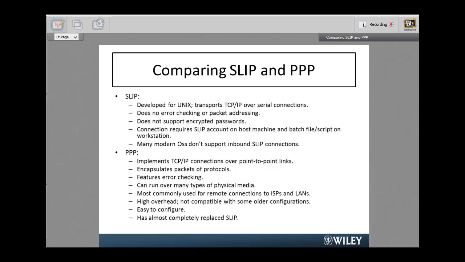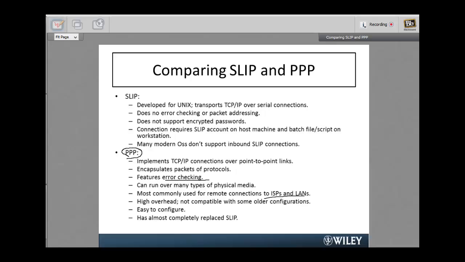And there is also PPP, which implements TCP/IP connections over a point-to-point link. It encapsulates packets and protocols, and has error checking. It can run over many types of physical media, and is most commonly used for remote connections to ISPs and LANs.